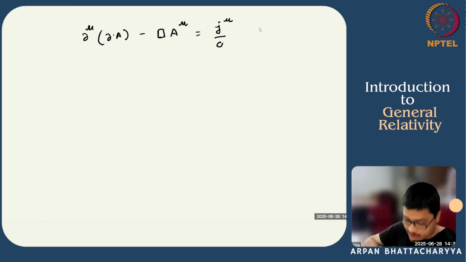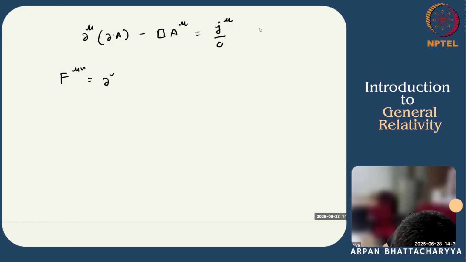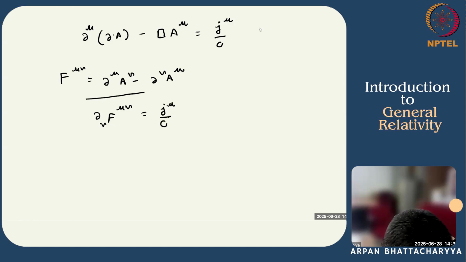And now you can see that if you define a field strength which is of this form, then in terms of this F mu nu, you can write this equation as follows.